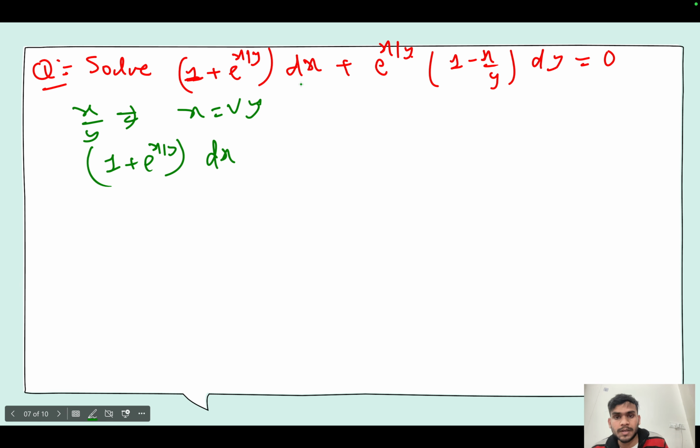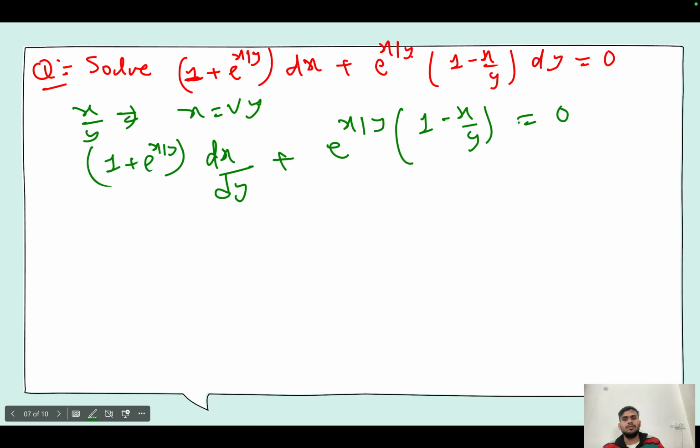Okay, so it will become dx by dy, that is e to the power x by y, 1 minus x by y is equal to 0. You can understand, I'm just dividing by dy. Okay, so it will become dx by dy, and there is 1. Okay, so now let x is equal to vy.